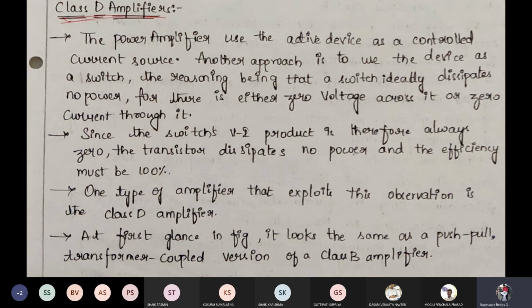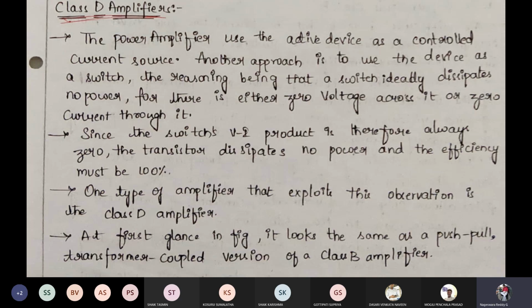Why are the class D amplifiers using the active device as a switch? Because there is no power dissipation ideally. There is either zero voltage across it or zero current through it.